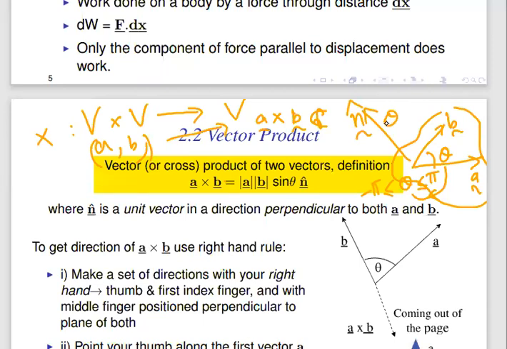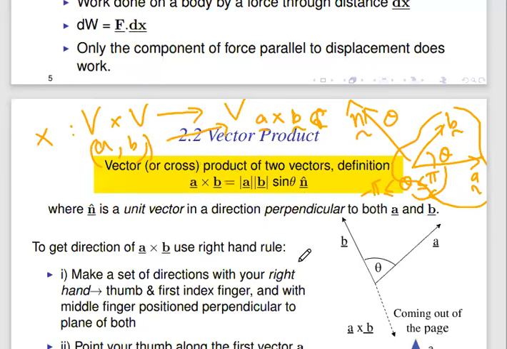Unit vector, right? So how do you find the direction of this unit vector? It is a unit vector in the direction perpendicular to both A and B. So how do you find the direction of A cross B?